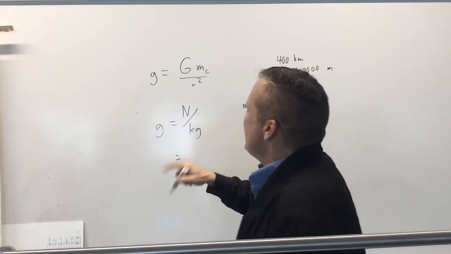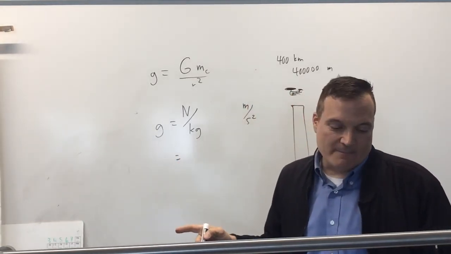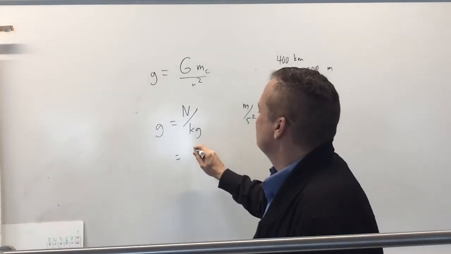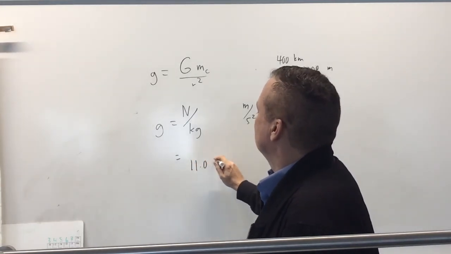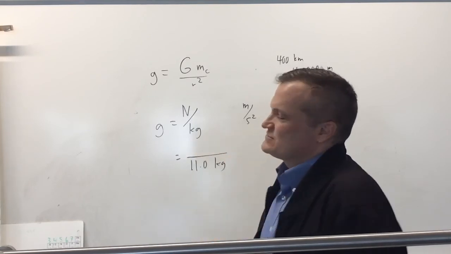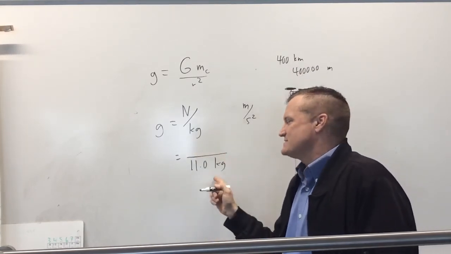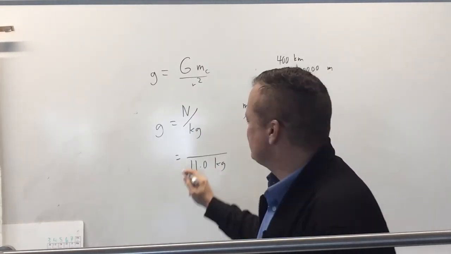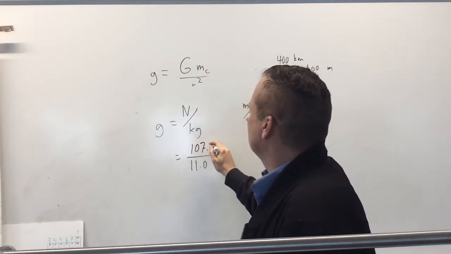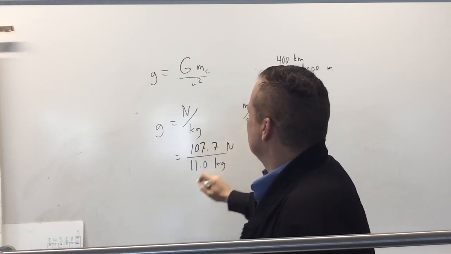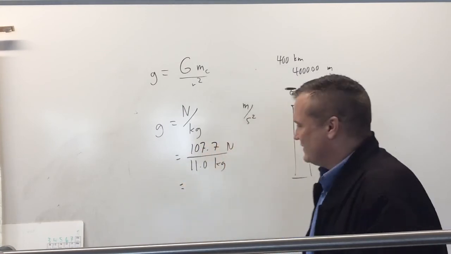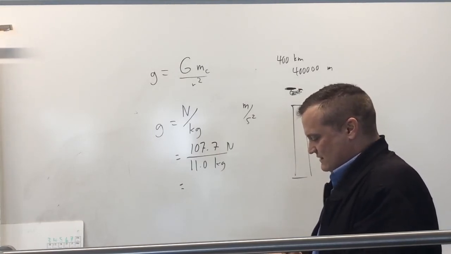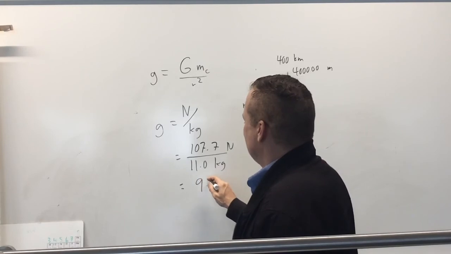So if I know that the chocolate has a mass of 11 kilograms, put the kilograms on the bottom and newtons on the top, and it weighs 107.7 newtons, then I can calculate gravity right there. 107.7 divided by 11 is 9.79.